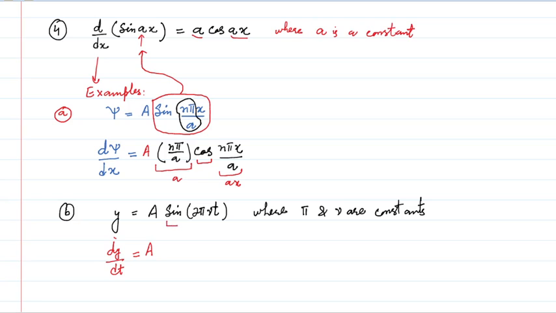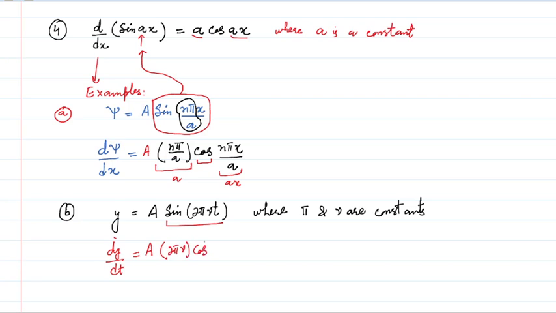Now this sine 2 pi nu t, we have to compare it with sine ax. What is a now here? Constant. Pi is constant, nu is constant, 2 is already a constant. So it will be simply, we will write it here first, 2 pi nu, and this sine will change into cos.